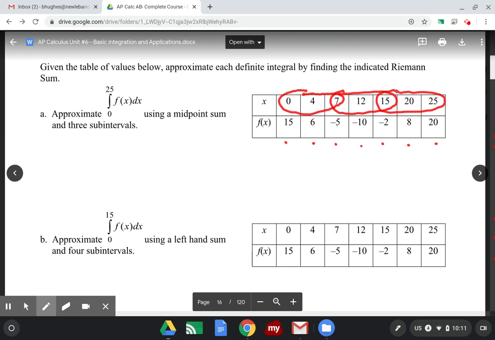Now, the width of each one of those rectangles is different, but with this one, I want the height of the rectangles to be given by the midpoint. So I'm just going to use literally the middle point to find the height of the rectangles.